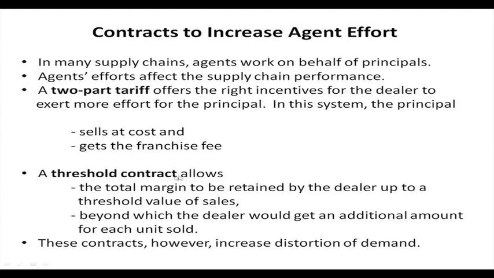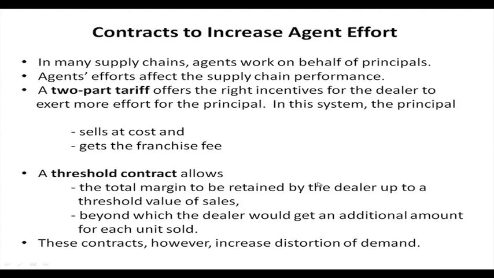Whereas, in a threshold contract, the total margin to be retained by the dealer is up to a threshold value of sales. Beyond that, the dealer gets an additional amount for each unit sold. Therefore, the dealer is sure of getting an amount if he can meet the threshold value.